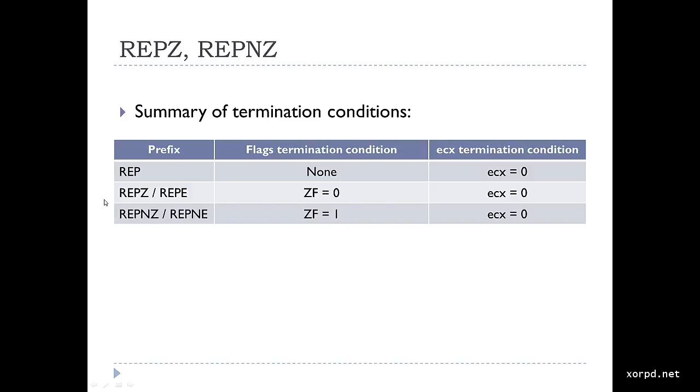Let's take a look at the termination conditions for rep Z. Rep Z is going to terminate if the 0 flag equals 0 or ECX equals 0, as opposed to rep NZ, which will terminate if the 0 flag is 1 or ECX equals 0.